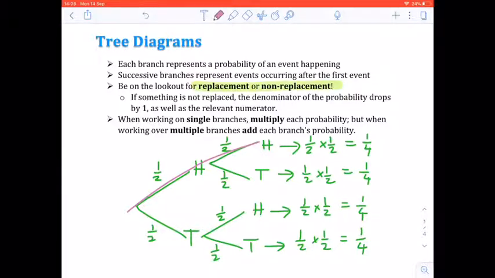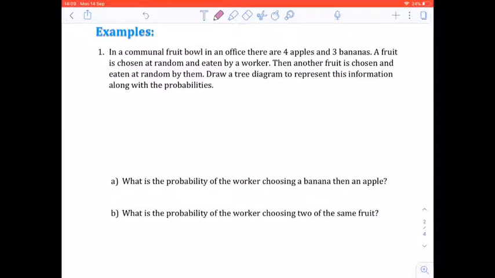But when we're working along multiple branches, then we use addition. So we first use multiplication to get that specific route, and then we add all of those different routes together rather than timesing the routes together.